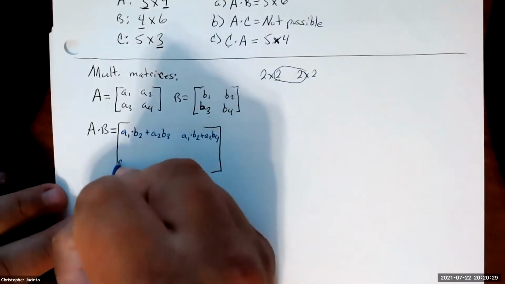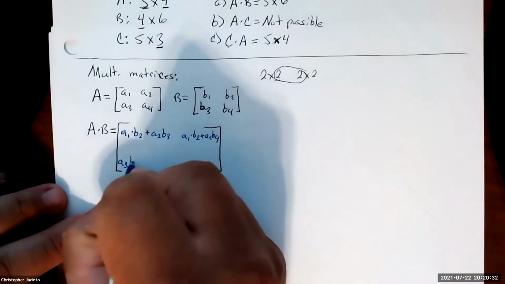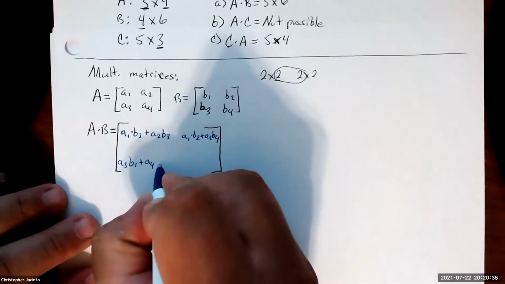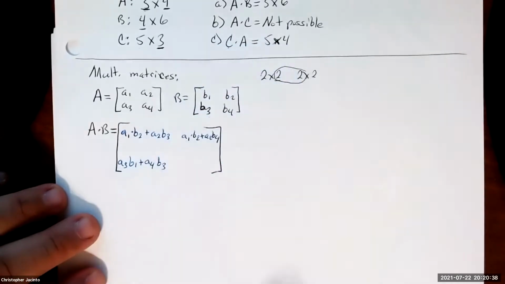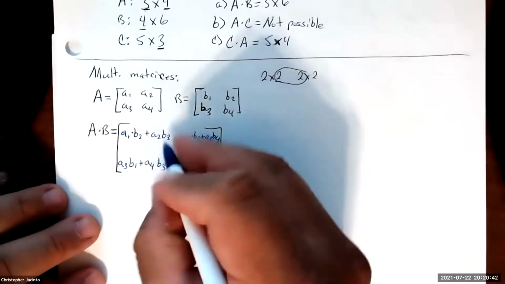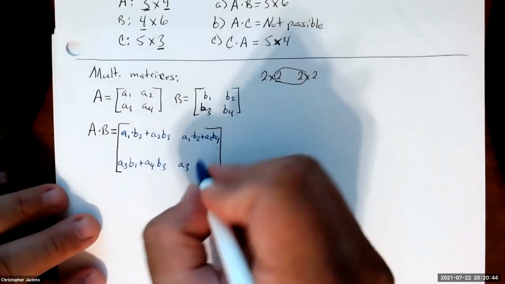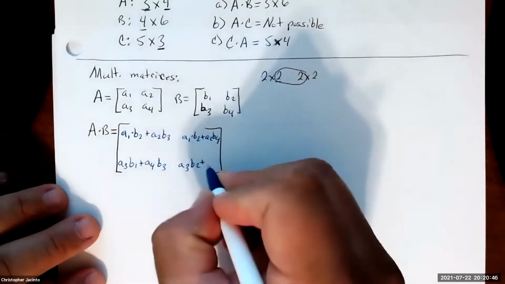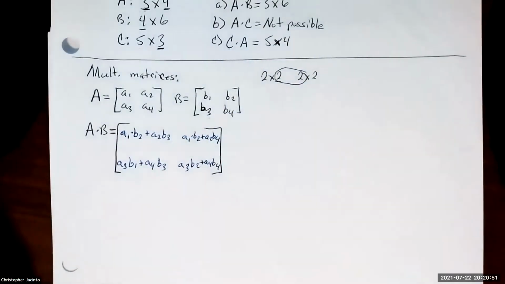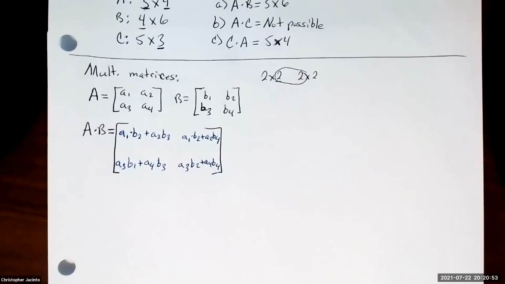So it's going to be A3 times B1 plus A4 times B3. And then the last one is going to be A3 times B2 plus A4 times B4. And that's how we multiply matrices together. A lot more complicated than just adding and subtracting.